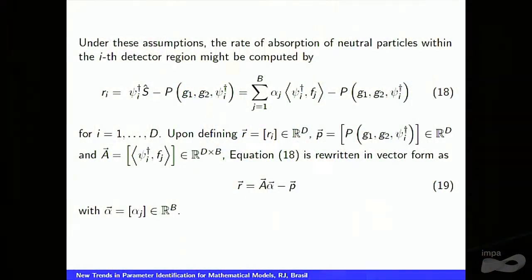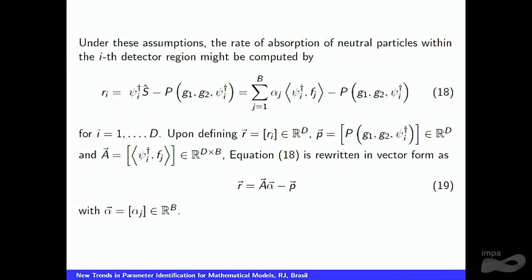So what do we do? We substitute the expansion of our source term in the rate of absorption, such that we get a linear system to describe the coefficients that we want to obtain. The matrix of the system is based on these inner products of the adjoint flux and the basis functions. Again, as much as possible, we evaluate these things analytically.